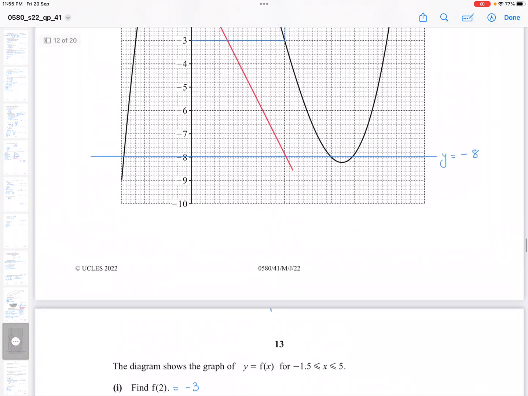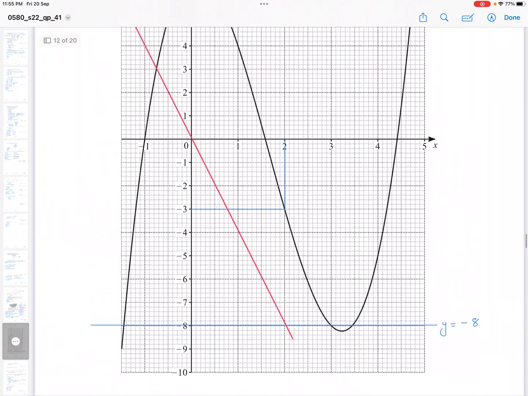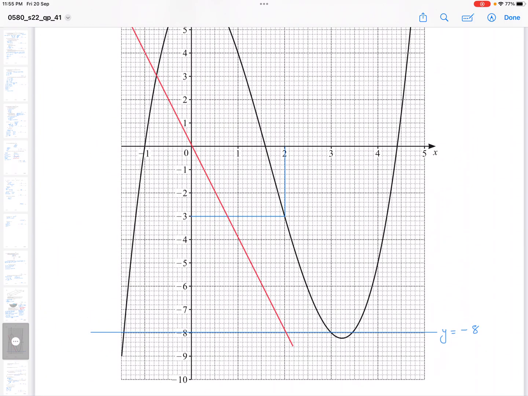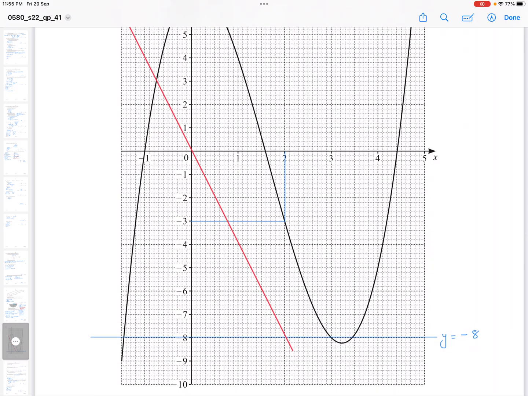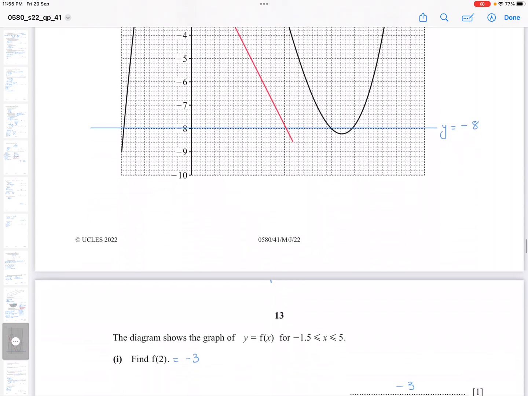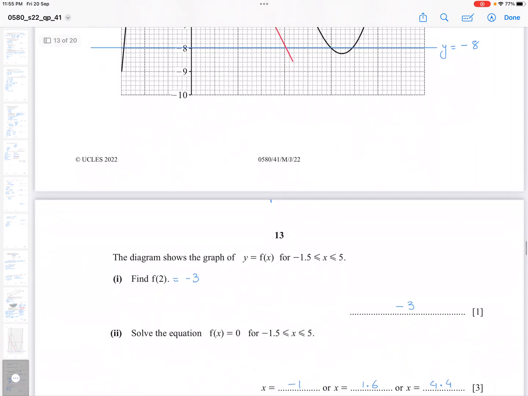Find f of 2. So for f of 2 on the x-axis, you check the value 2 and go down towards the graph, and from the graph you go towards the y-axis and you get -3. So your answer is f of 2 equals -3.